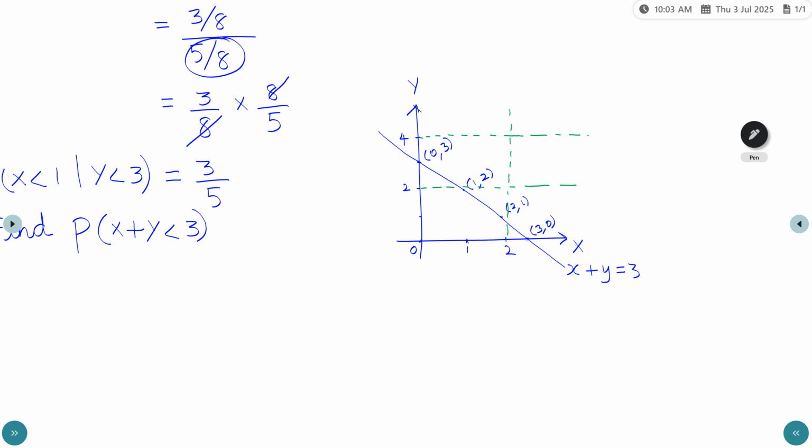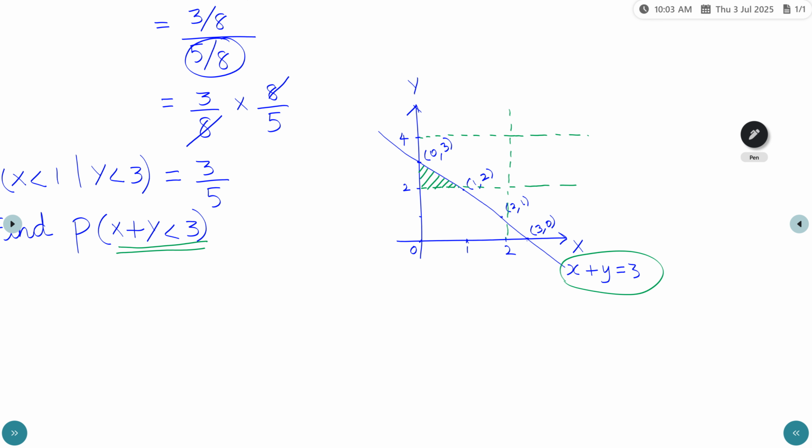Additional condition is x plus y less than 3. So here we draw the x plus y equal to 3 line. So we need this area to find. So this is the area.